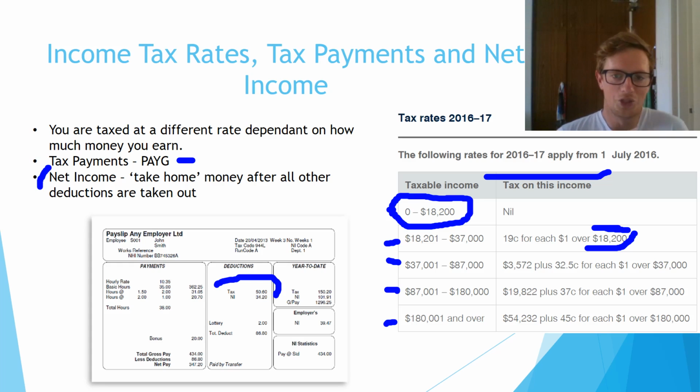This is the one that you really want to know. This is the money left after all the deductions have come out that you get to take home with you. You can see here that John's total gross pay, the money that he first got paid, is 434, minus his deductions of 88.80, and his net pay is left with 34.70. Okay.